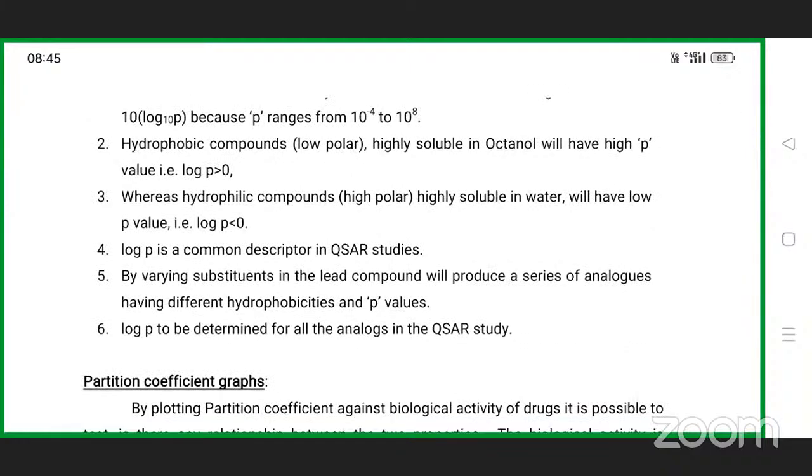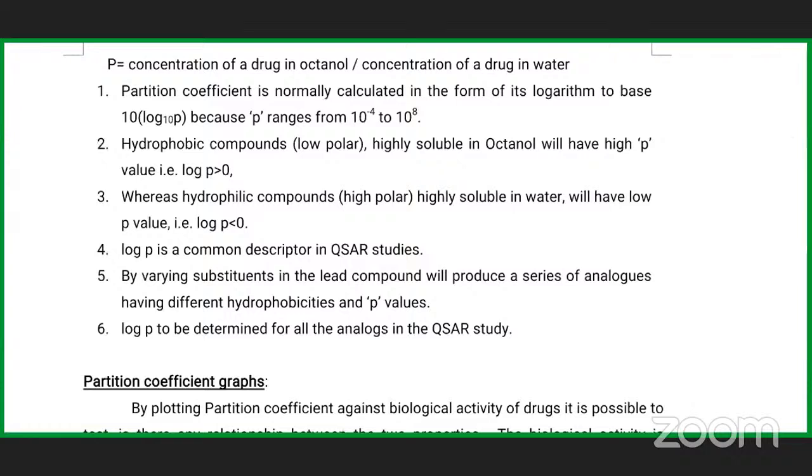By varying the substituents in the lead compound, we produce a series of analogs having different hydrophobic P values. First we check the hydrophobicity or partition coefficient of the compound by this equation, by checking the solubility of your compound in both solvents, water and octanol.